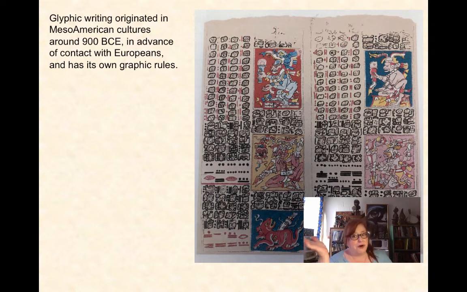This is before Europeans hit the Americas. What's interesting is this writing appears to have been an independent invention, and it's spaced completely differently than the way Europeans tend to do things.